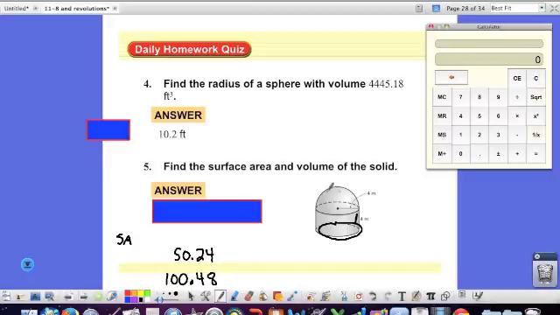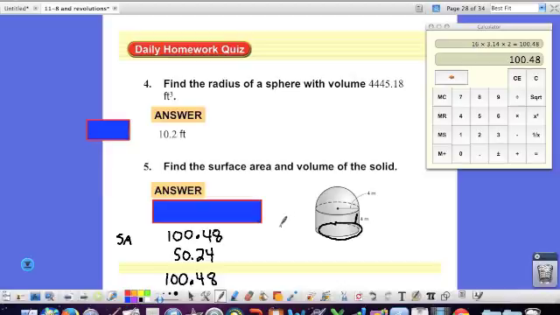Now I need the surface area of the hemisphere. Well, if you remember, the formula is 4 pi r squared. So half of 4 is 2. The radius is 4. 4 squared is 16 times 3.14 times 2 is also 100.48.